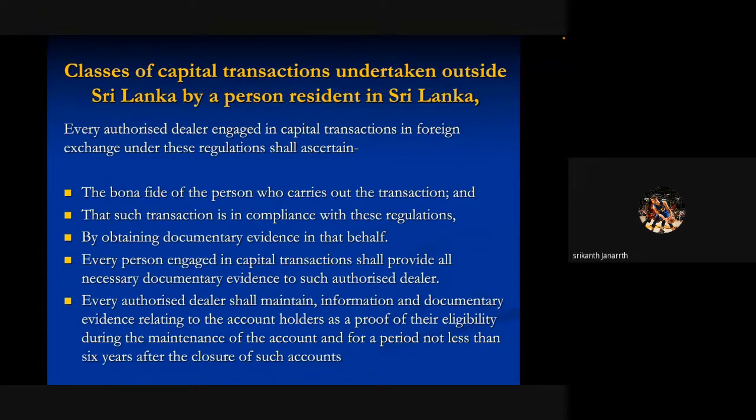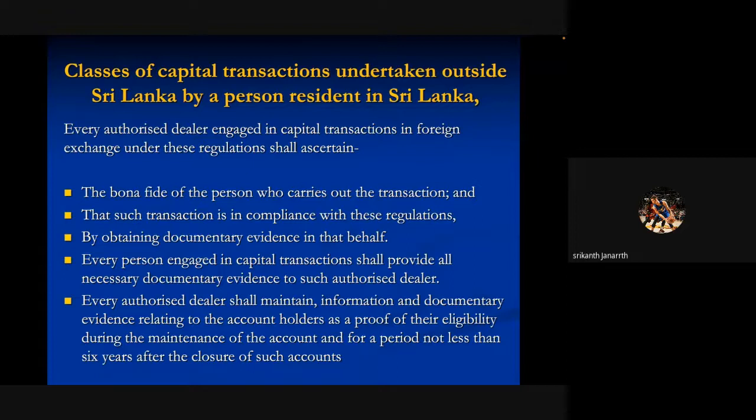Supportive documents to be obtained. When you are making outward investment, you need supportive documents. As an investor, you need to prove yourself by giving certain documentary evidence to the authorized dealer. So you need to submit to the bank a board resolution, which is your internal policy of the company, when you are making investment.